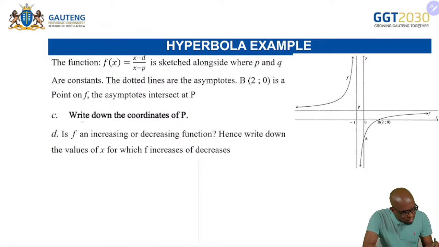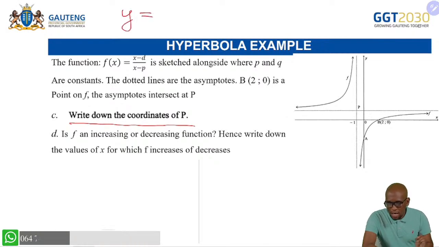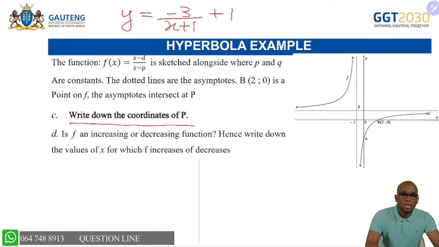Right, moving right along, they say write down the coordinates of P. Remember, we have the equation already. Our equation is given by y equals minus 3 over x plus 1 and then plus 1. That is our standard form of the equation.